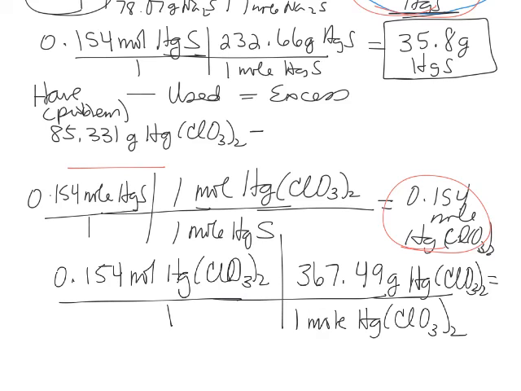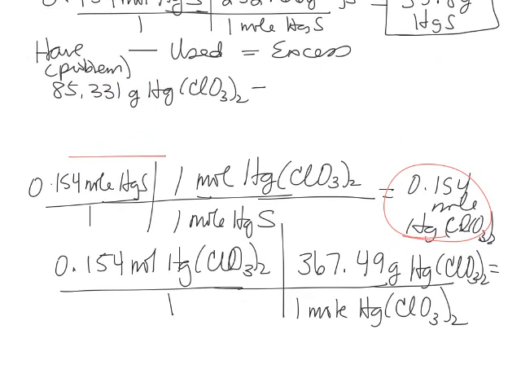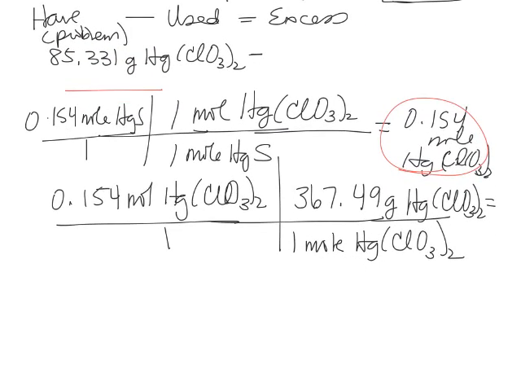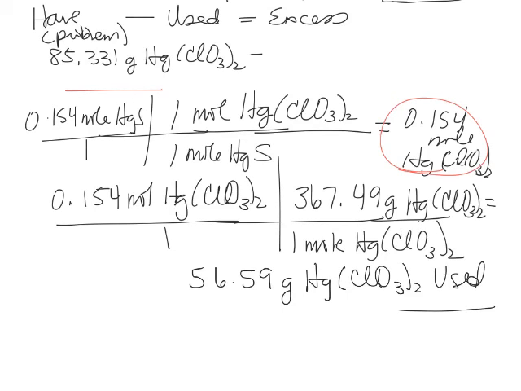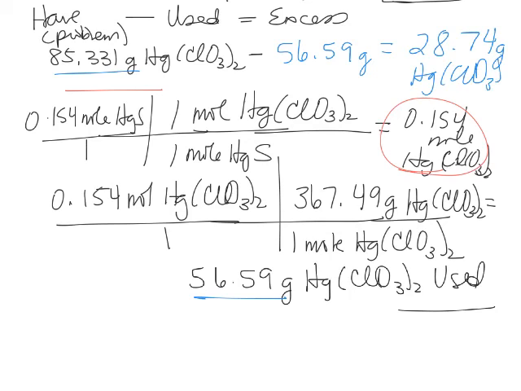And when you put that in your calculator, you should get 56.59 grams of mercury chlorate used. Okay, so that's what's used. So we will subtract 56.59 grams to give us an excess of 28.74 grams of mercury chlorate.